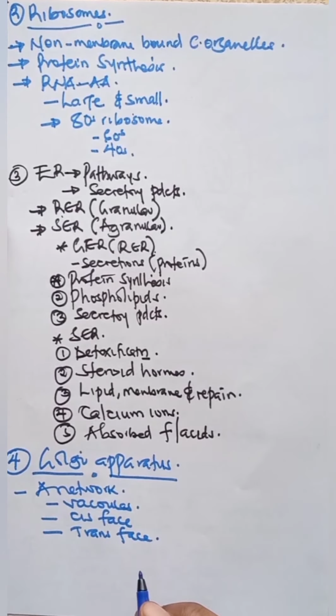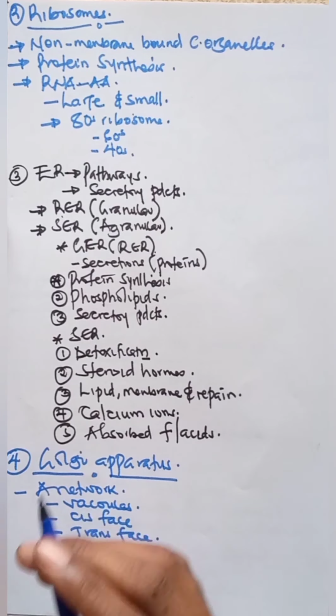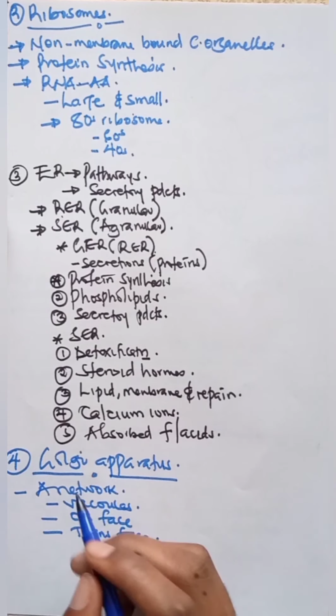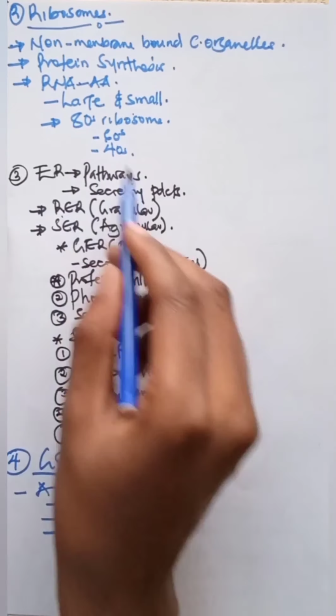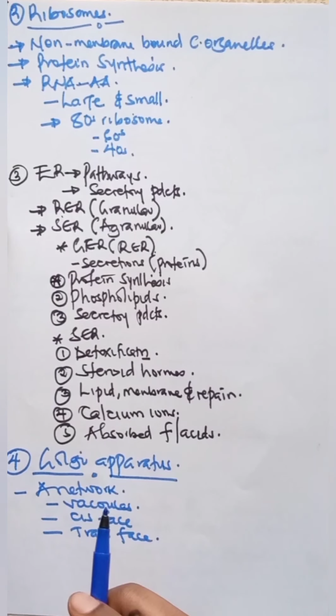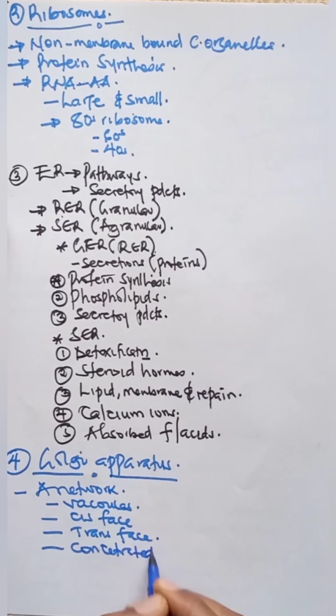And looking at the major function of the Golgi apparatus, once ribosomes have synthesized the proteins, these proteins are delivered by the endoplasmic reticulum. However, they are concentrated and then packaged in the Golgi vesicles.